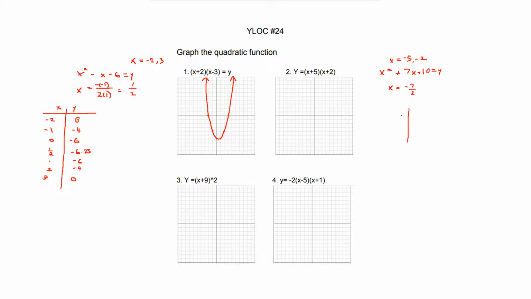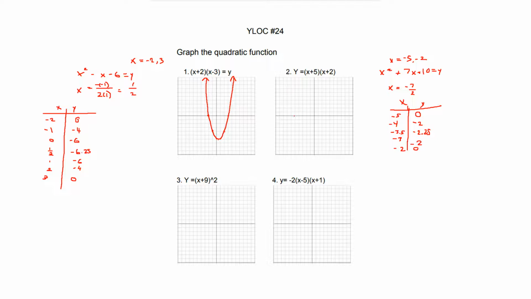And if we were to do a little chart, put our points on here, we would get the y-values 10, 4, 0, -2, -2.25, and so on.